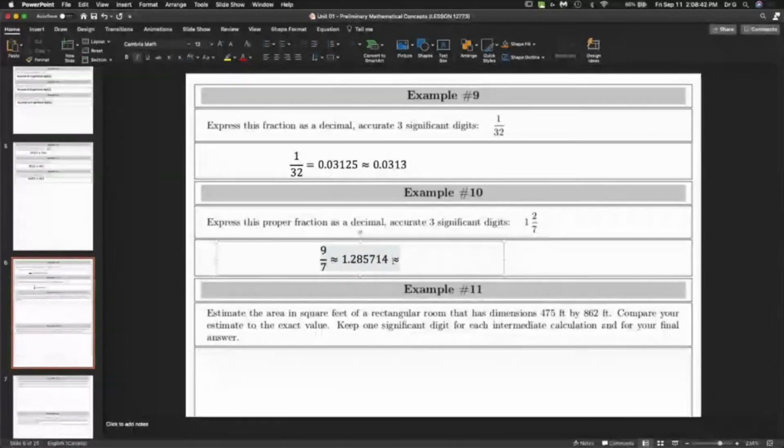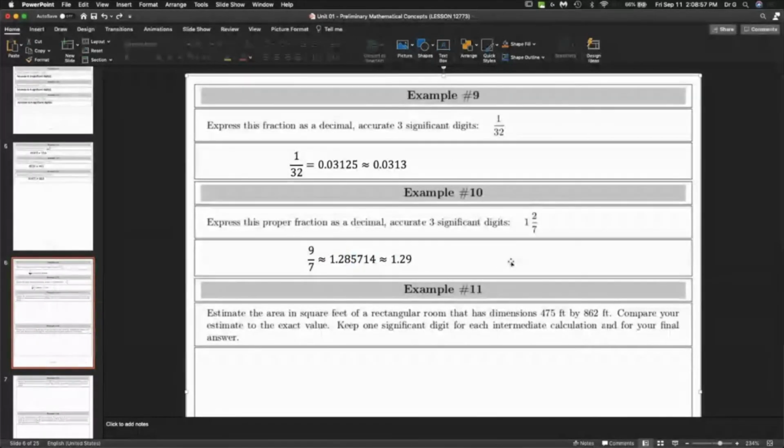To get to 3 significant digits, it's 1.29, because this 5 here is going to round the 8 up to a 9. I'm not going to ask you to do a lot of fraction calculations. Most questions, Victor, that involve fractions, my first step is to get rid of the fractions. And you're going to see more formulas.